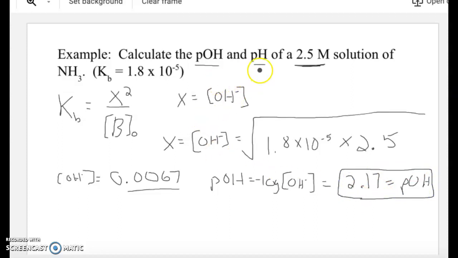The other answer, pH, let's assume it's at 25 degrees, so now we can just take 14 minus our pOH. Again, for all these study guide and notes problems, let's assume it's at 25 degrees.